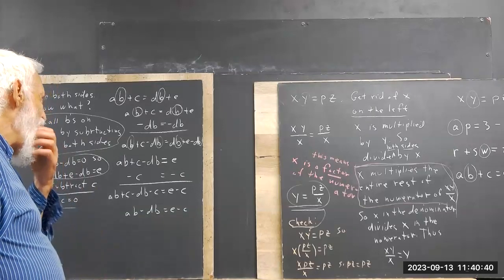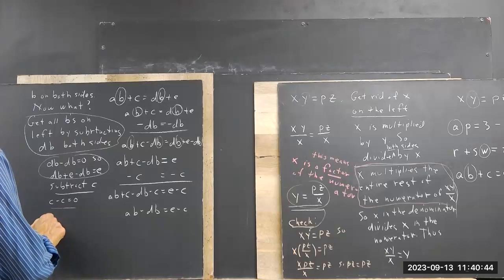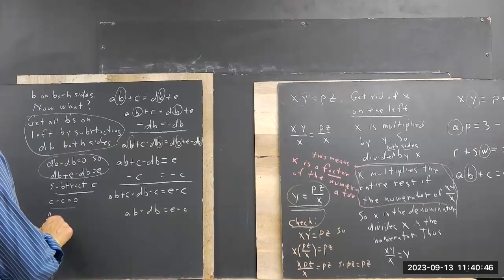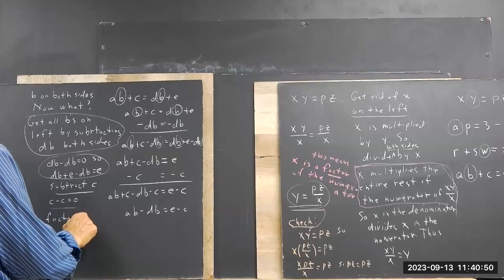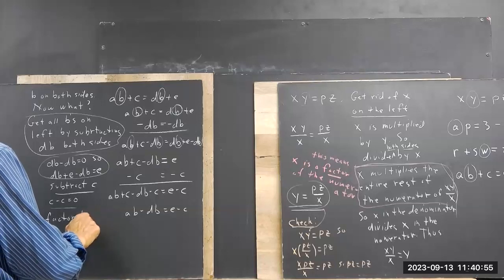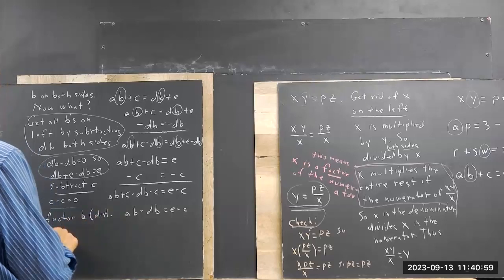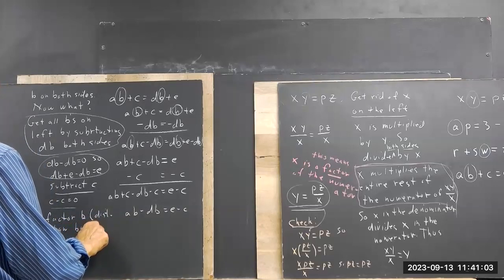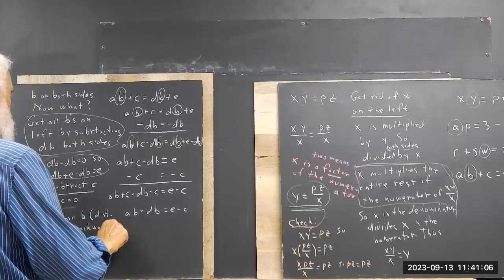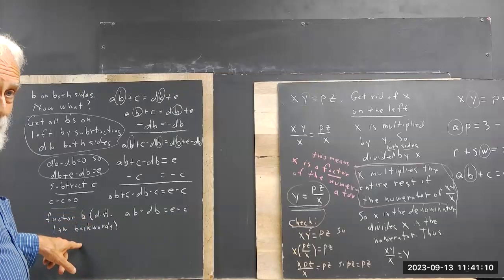Well, now we factor B. This is a distributive law, but used backwards.